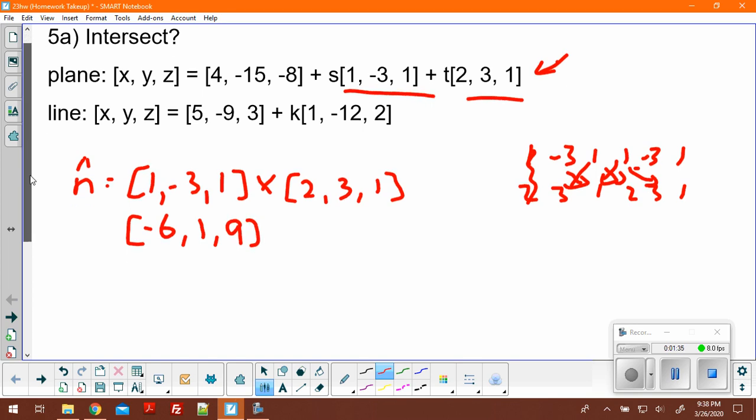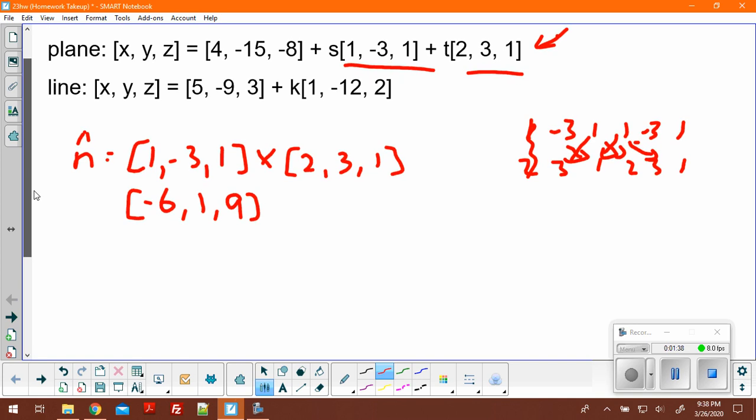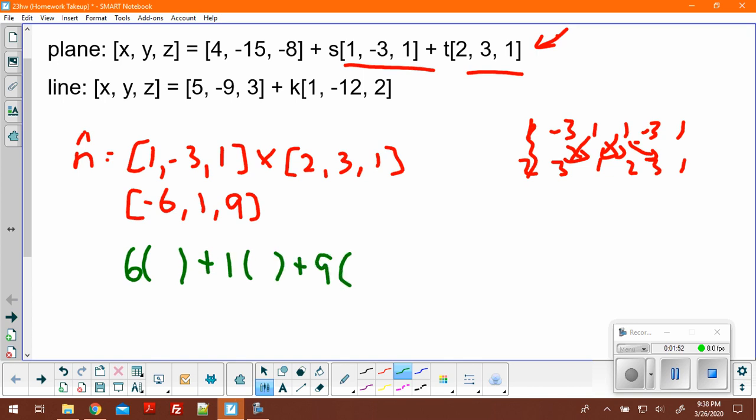Now that I have that, I'm going to create the scalar form of my equation. I'm going to just jump ahead here. It's 6x plus 1y plus 9z, and it should be a -6, plus some constant d is equal to 0. I plug in my point, so 4, -15, and -8.